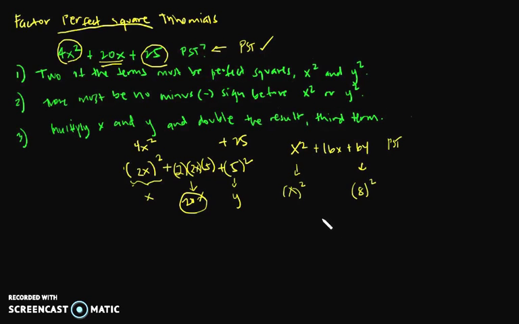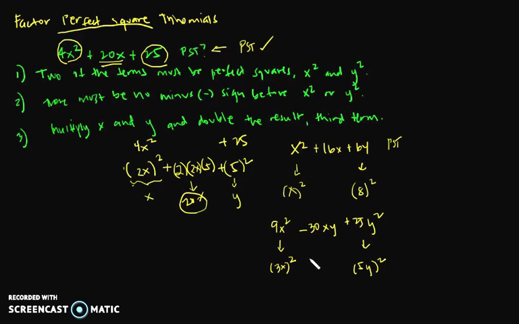Okay, another example. How about if we have 9x squared minus 30xy plus 25y squared? Again, let's express the first and last terms in terms of their perfect squares. This would become (3x) squared. This will become (5y) squared. If we multiply 3x by 5y, that would be 15xy.